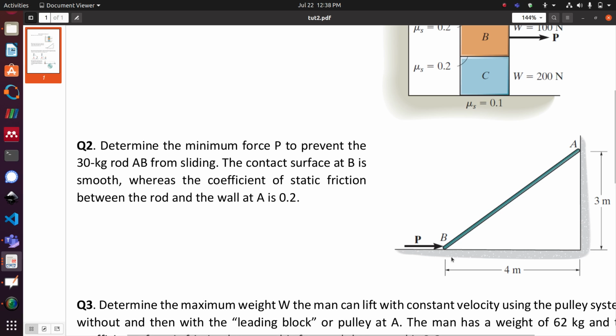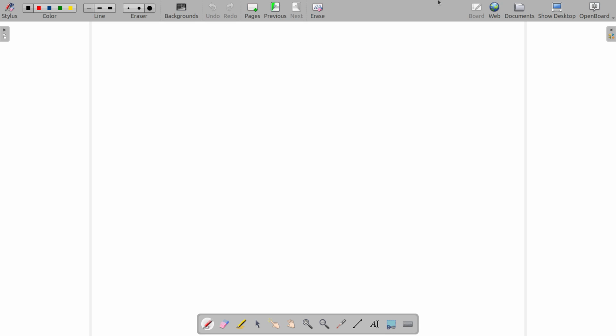And surface at B is smooth, and at A you have friction with coefficient of friction 0.2. Now how do we deal with this problem?